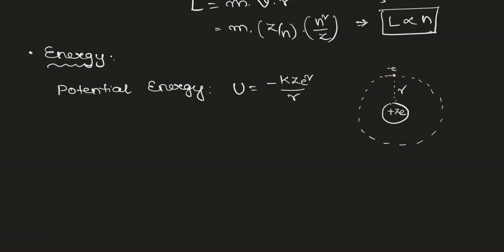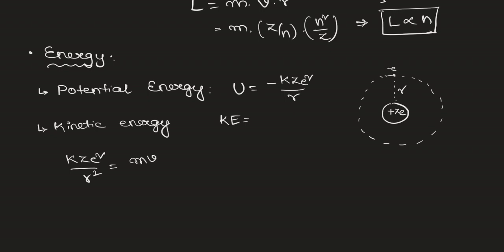And kinetic energy, which I will represent with KE, we can find from our second postulate. We have k z e square by r square equal to m v square by r. r gets cancelled, so we have m v square equal to k z e square by r.